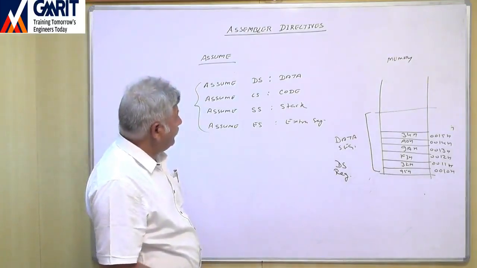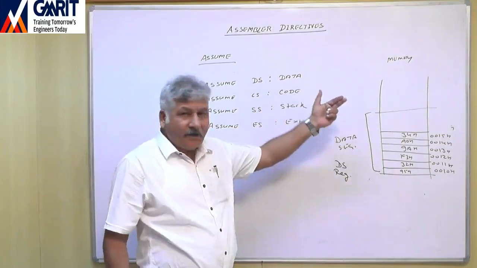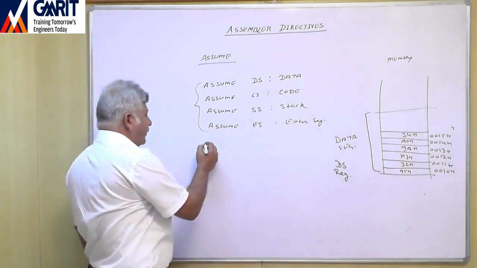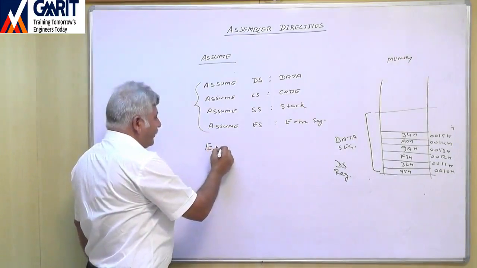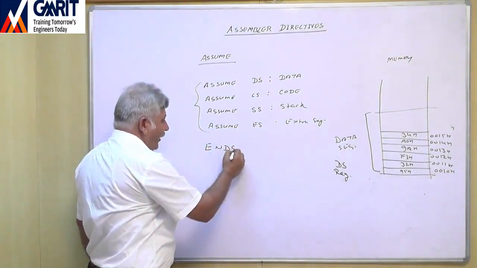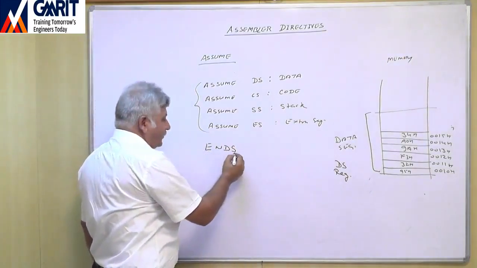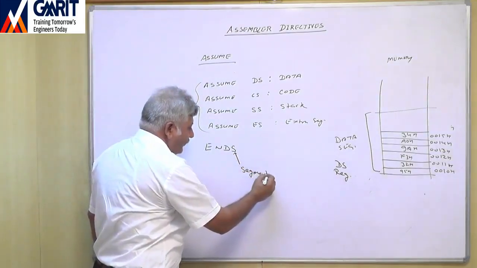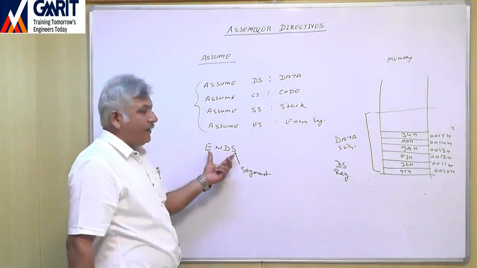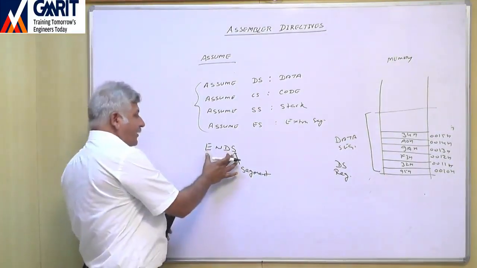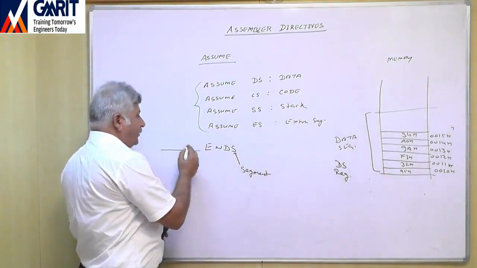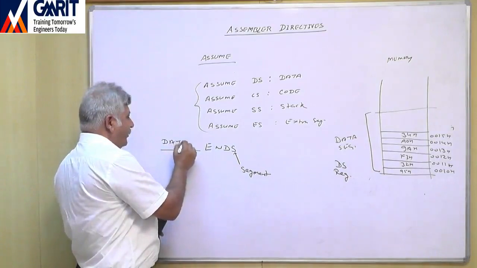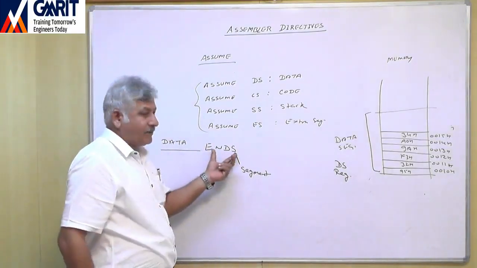Now whenever we have created some data segment, then we have to end that. For that we have to use another directive, that is ENDS. So ENDS means this S indicates end segment, right? And before this directive ENDS, you have to mention the name of the segment. For example, data ENDS, right?